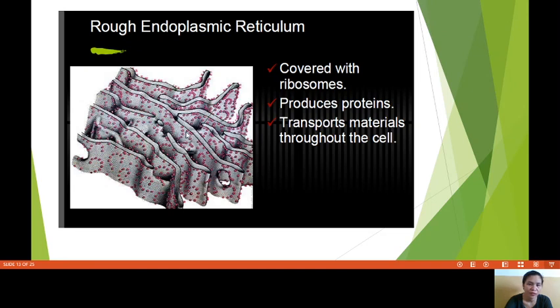These are your ribosomes, so it looks rough. Since ribosomes are here, they also produce proteins. It transports materials all throughout the cell, but another function is that it has ribosomes, so it produces proteins. Okay, let's go to the next one.